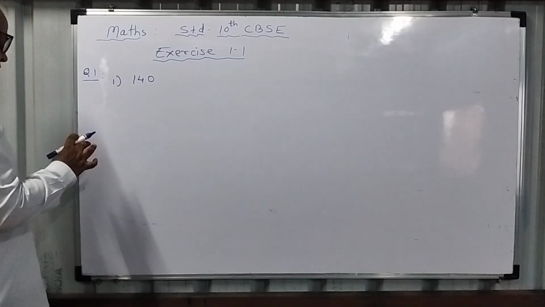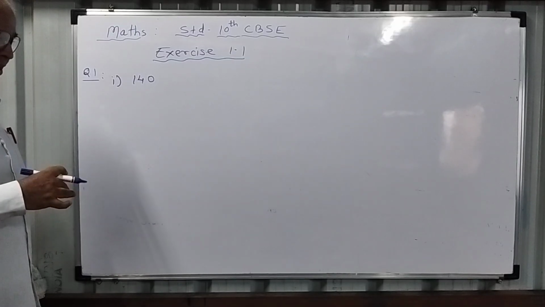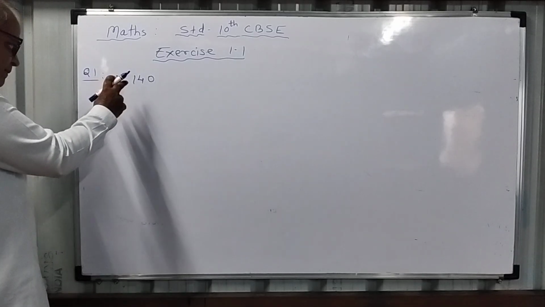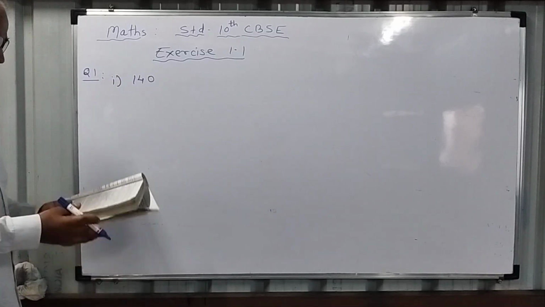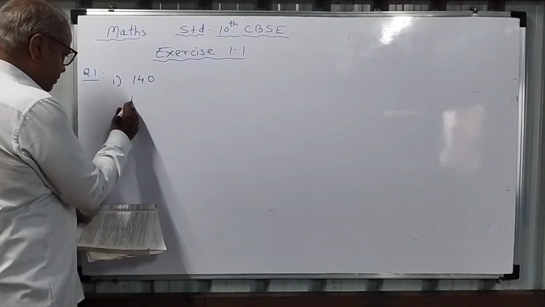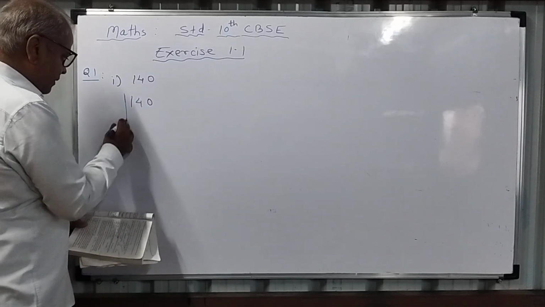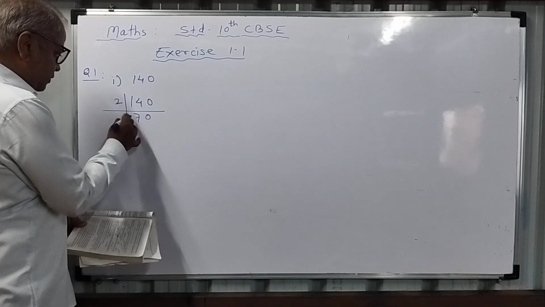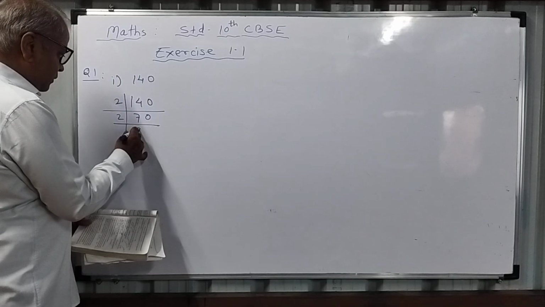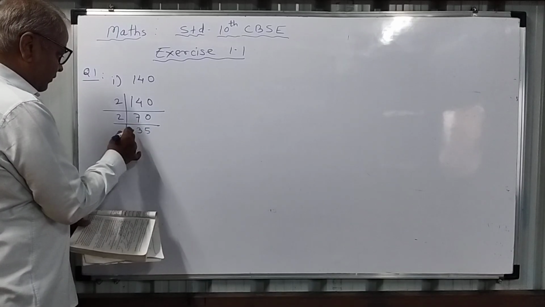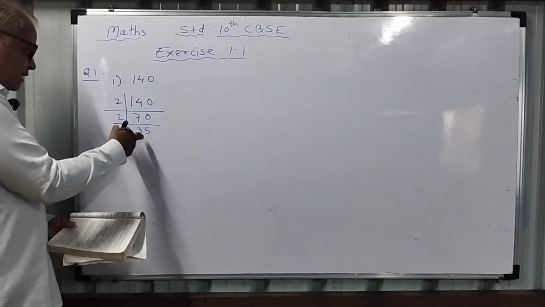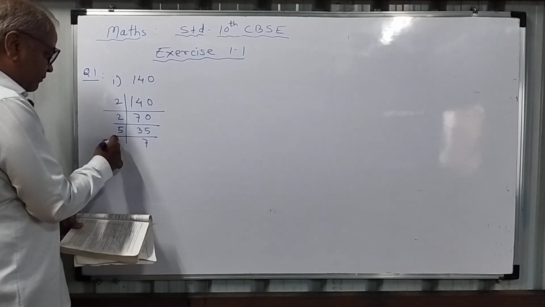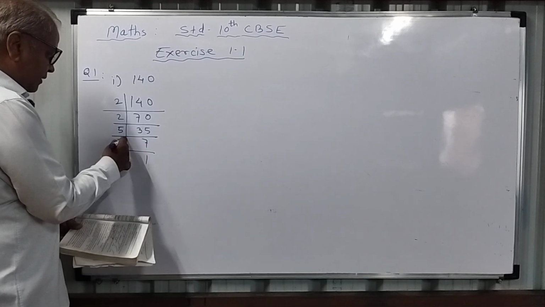You can find it either way, ladder method or tree diagram method. I will explain the first example with both methods. So 140, this is the ladder method. 2 7s are 14, 0, 2 3s are 6, 2 5s are 10. Now at the unit place there is 5, so it can be divisible by 5. 5 7s are 35 and 7 1s are 7.